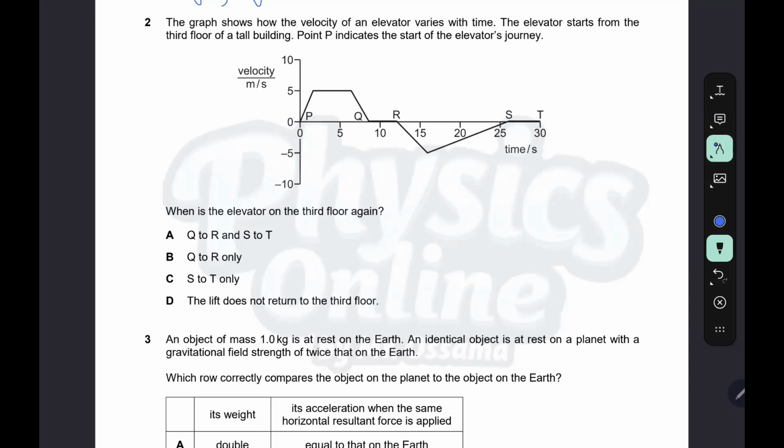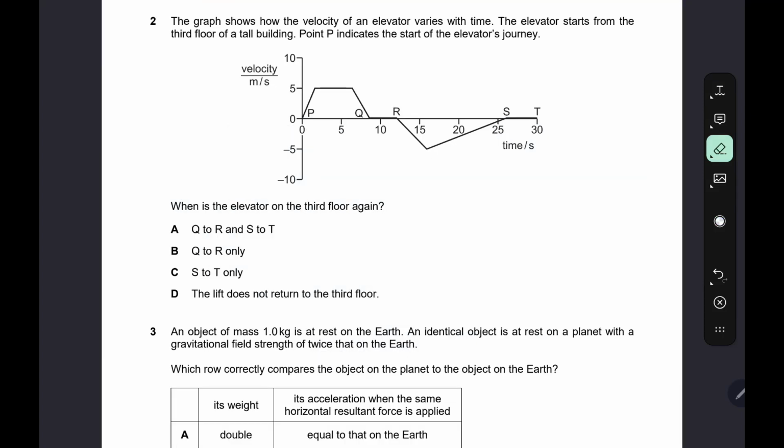The graph shows how the velocity of an elevator varies with time. The elevator starts from the third floor of a tall building. Point B indicates the start of the elevator's journey. The elevator is on the third floor at point B. Then it moves a distance.